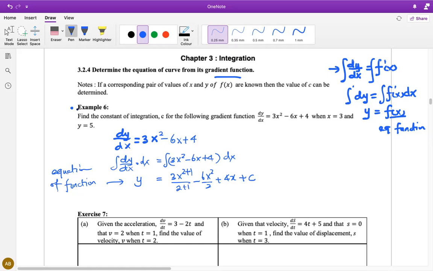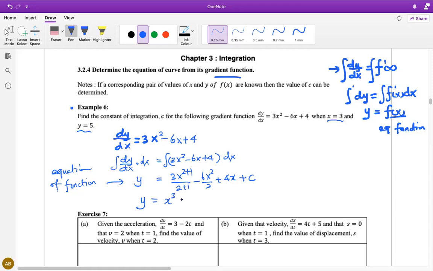So this example 6 is to help you get the constant c. So we must know the x and y values. Sometimes the question will give you the values of x and y like this, or they will give you a coordinate point.